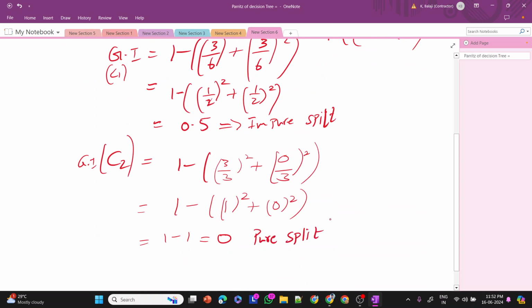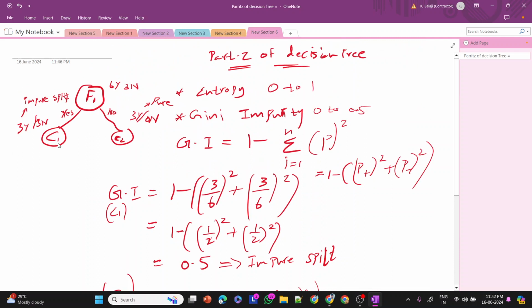So for C1 we get an entropy value of 1 and Gini impurity of 0.5. Then it is an impure split, so we need to split this node further. But for C2 we get entropy and Gini as 0, so we do not need to split C2 further. C2 is a leaf node, and we can stop splitting here.